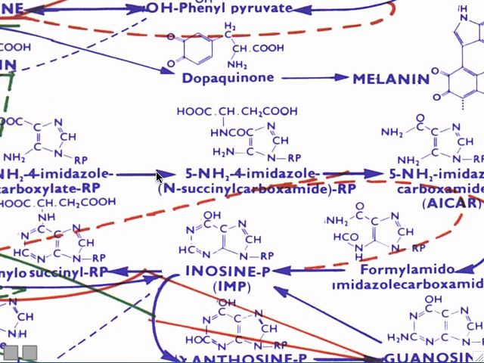Here's the next enzyme in the metabolic pathway, changing it into N-succinyl carboxamide. I have no idea what that is. Then here's the next enzyme that changes that intermediate into some molecule called AICAR. I have no idea what those are.